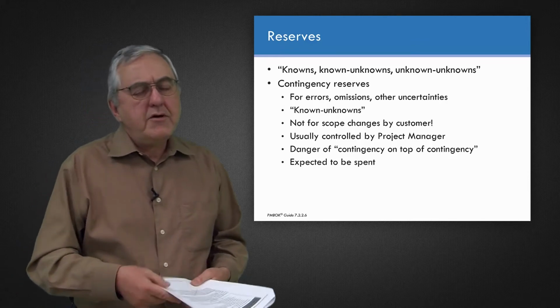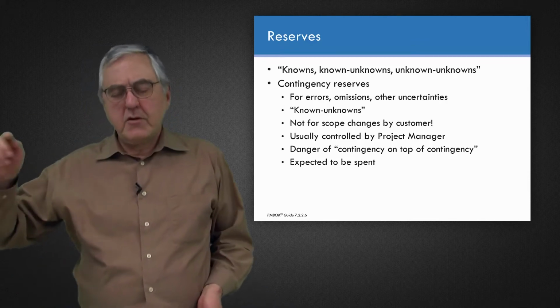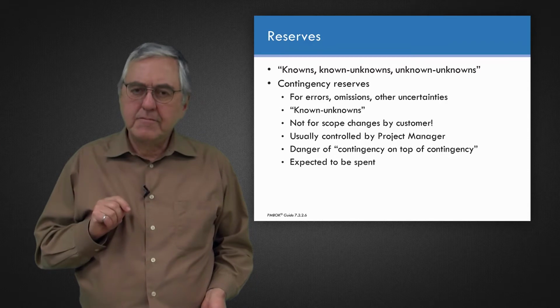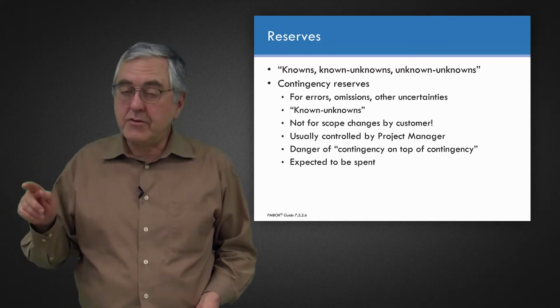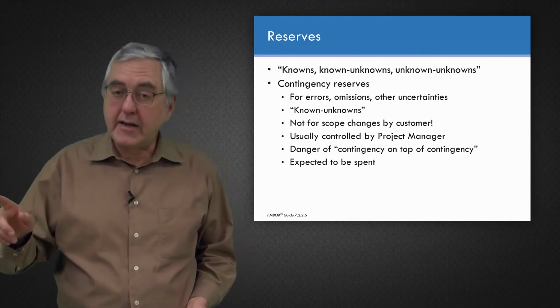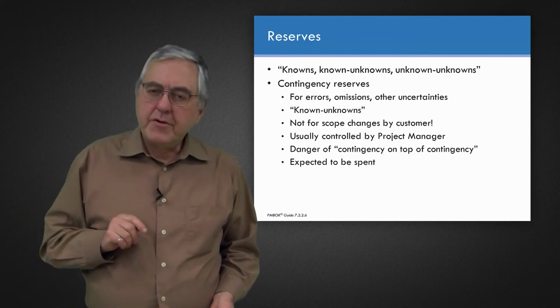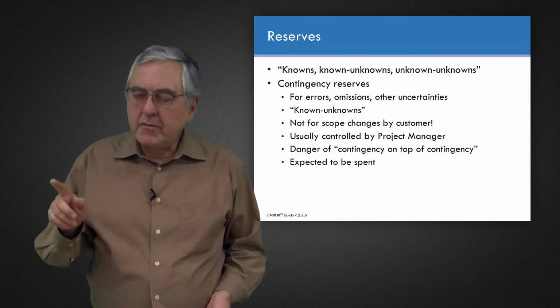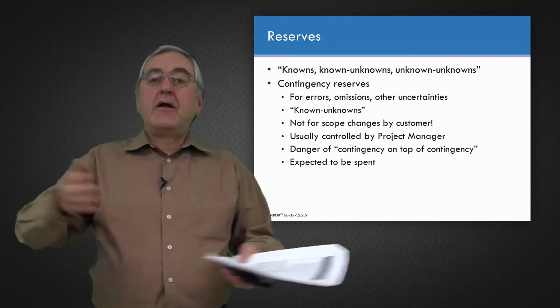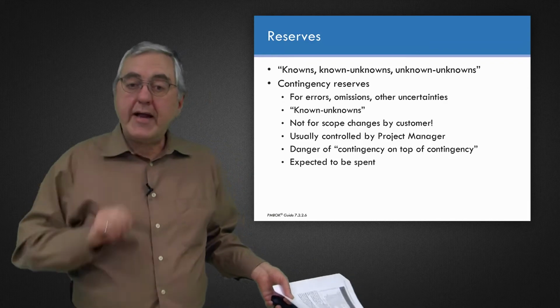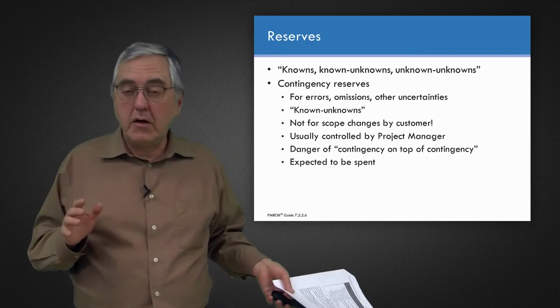In other words, you get your work package leaders to estimate each one of their work packages, and they may very well add some contingency into their estimate for their work package. You probably don't want them to do that. You probably want them to estimate tightly for each work package, and then you add up the work package estimates, and then you add on a contingency on the overall estimate.